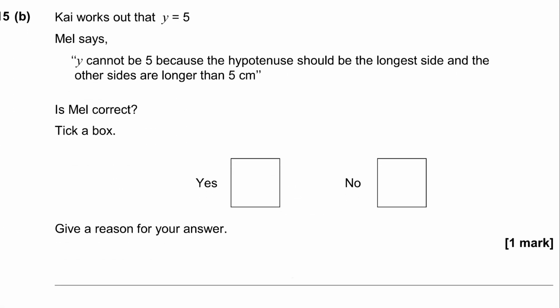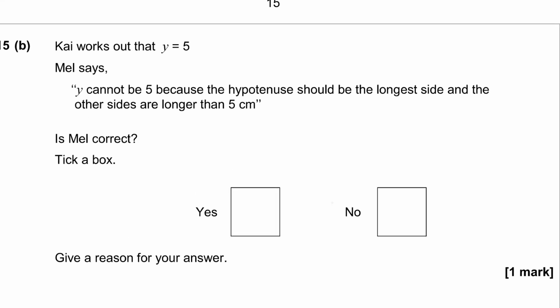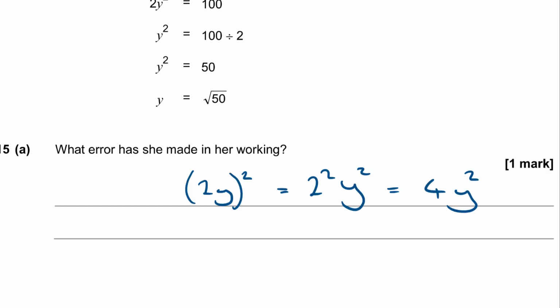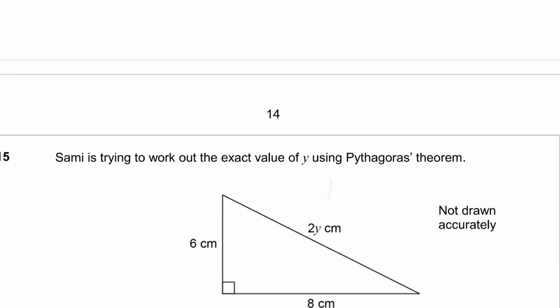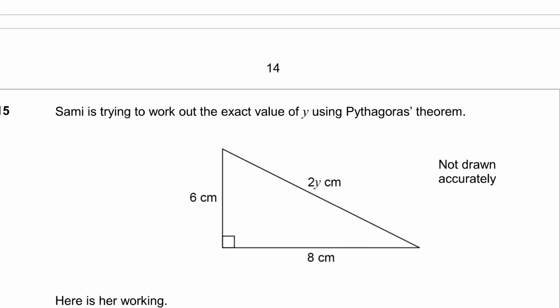Okay, so part B says Kai works out that y is equal to 5. Mel says y cannot be 5 because the hypotenuse should be the longest side and the other sides are longer than 5. Is Mel correct? Well, I think Mel is making a mistake here because the hypotenuse is 2y and not y, which would make it 10, wouldn't it? Not 5.